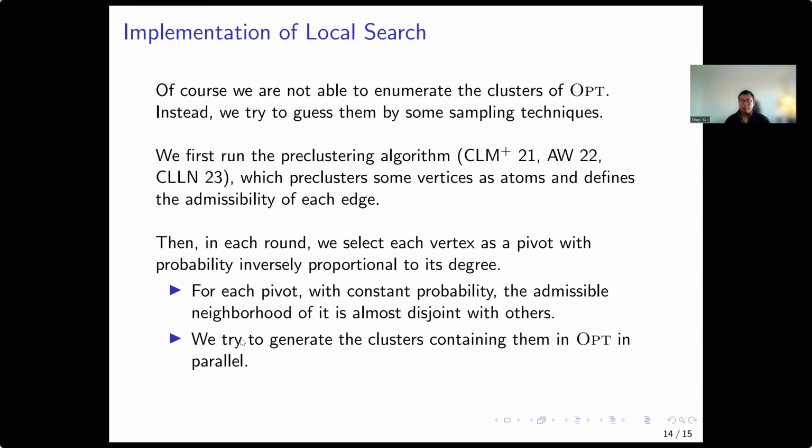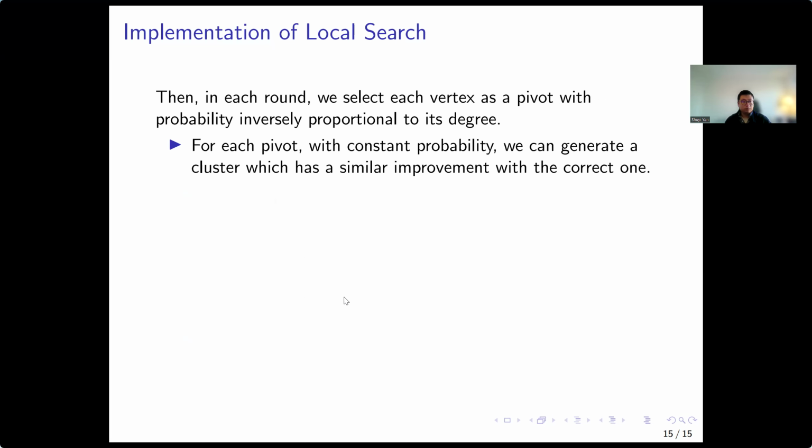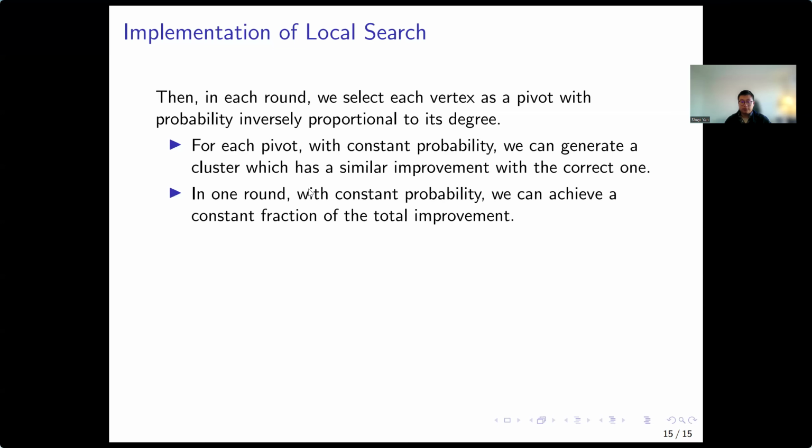And for this pivot, we will try to generate the cluster containing it in the optimal solution in a parallel way. We proved that in each round, for each pivot with constant probability, we can get a cluster close to the correct one, which has a similar improvement.